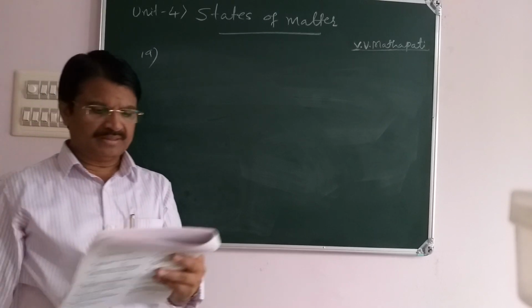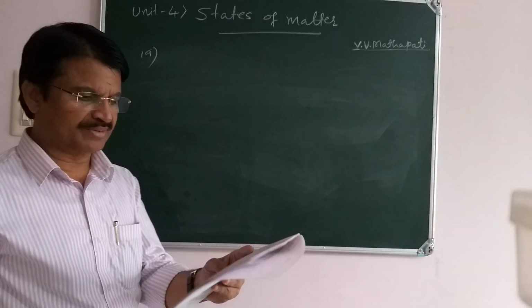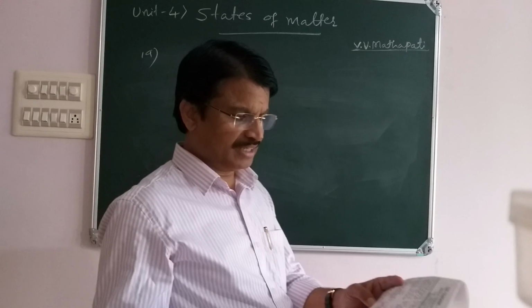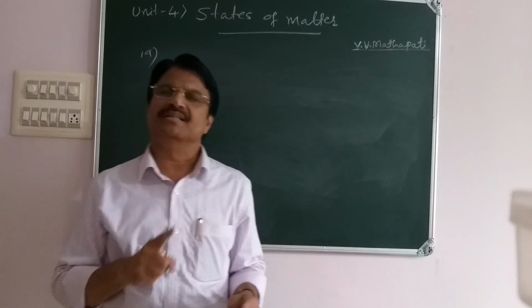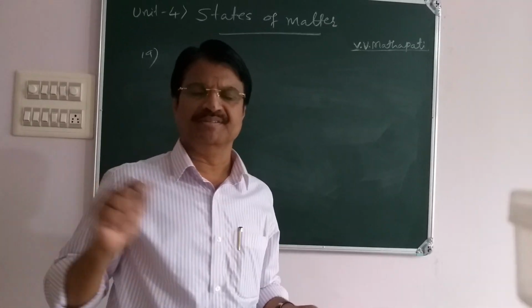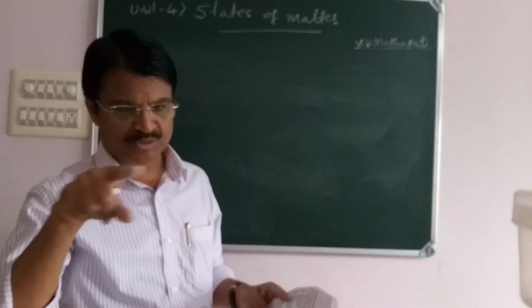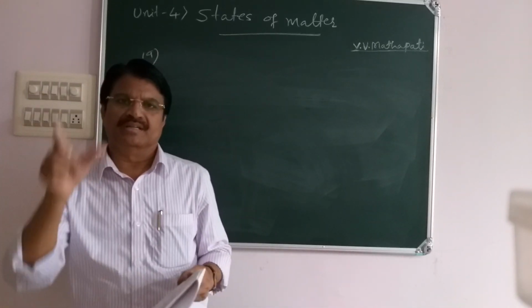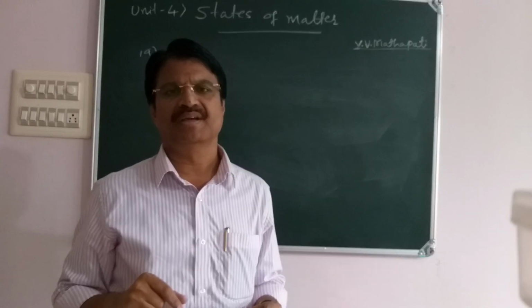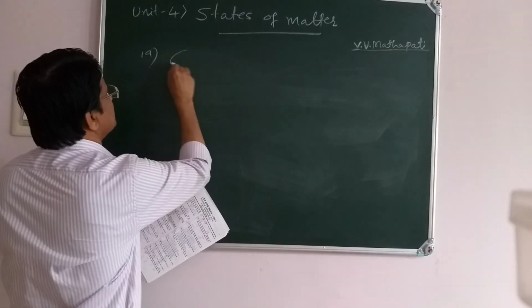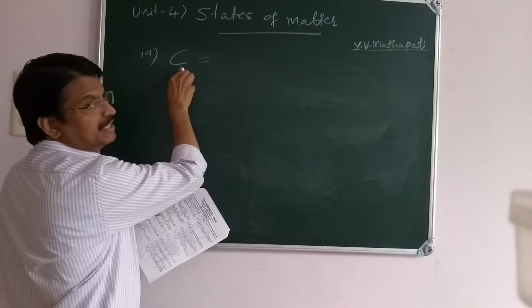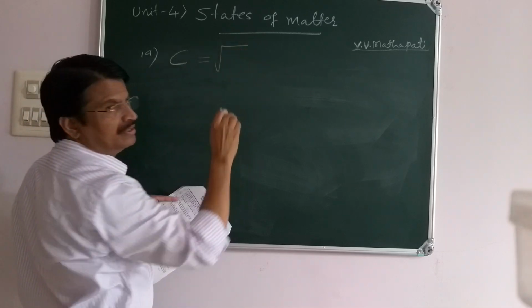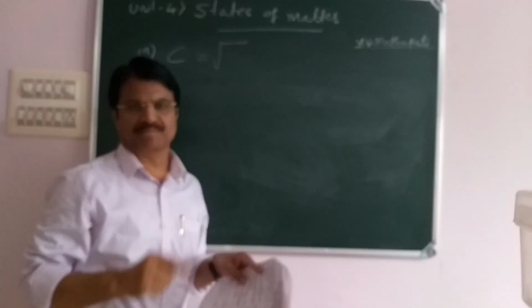Question number 19, based on pressure, your RMS velocity. The RMS velocity of molecules of a gas, with the density given, pressure given. There are formulas I told in the last videos, in the synopsis. C equal to RMSV, root 3RT by M, one formula.